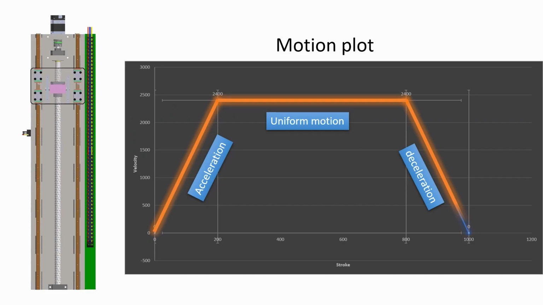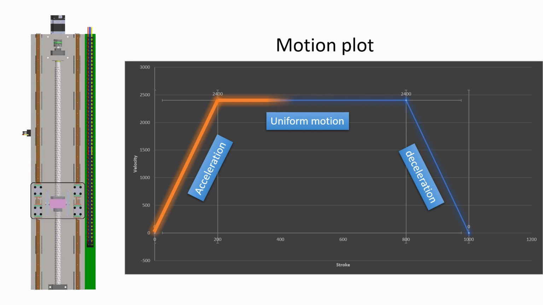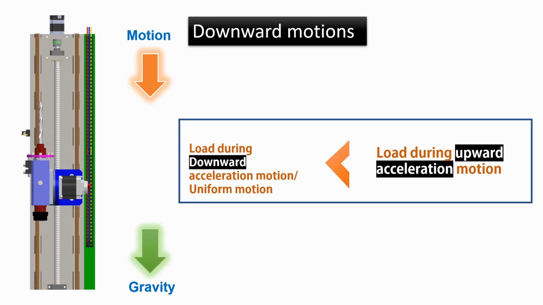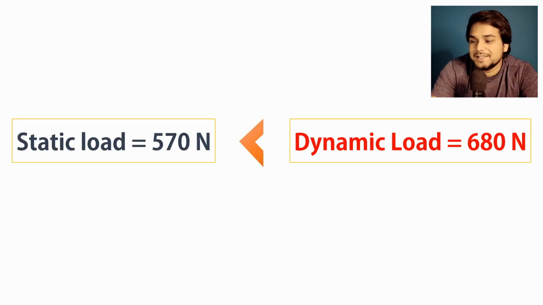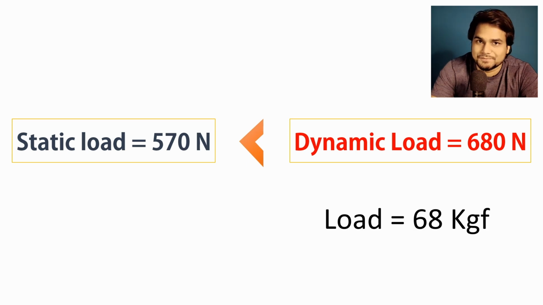And force during the rest of the conditions like downward acceleration or downward uniform motion will definitely be less than the maximum value because in the downward condition gravity will help in the motion. So we have calculated the maximum load on ball screw is 680 Newton or we can say 68 kilogram force.